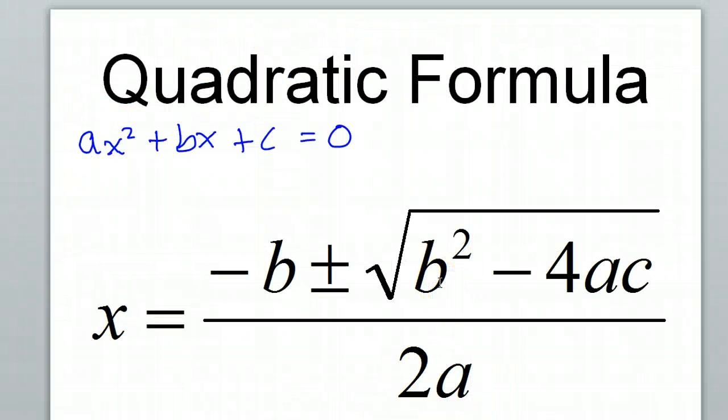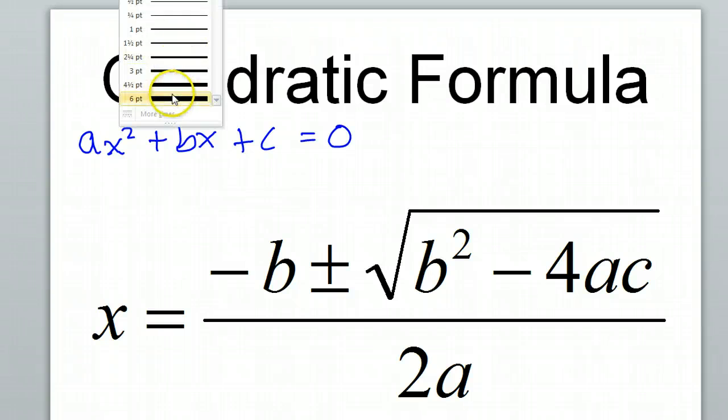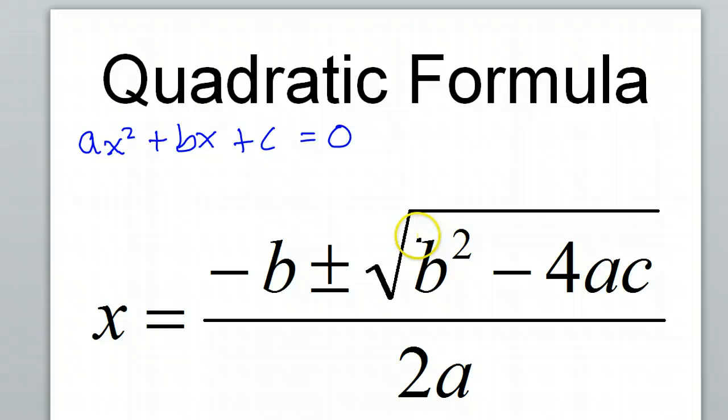Now, whenever you do the quadratic formula, I want you to calculate the discriminant separately. Oh, you forgot what the discriminant was. Is that what I hear you saying? Well, the discriminant is this part in here. All of this. That's the discriminant.